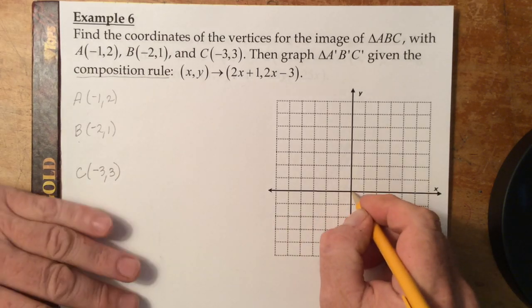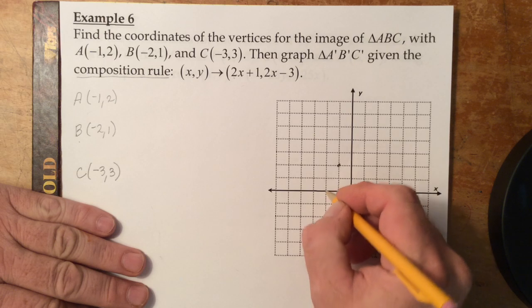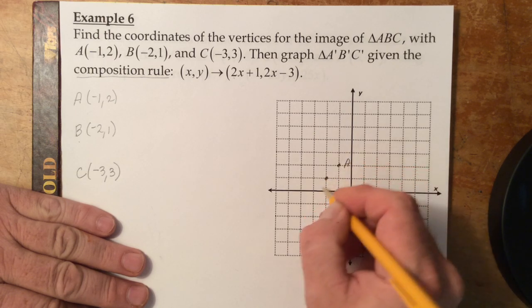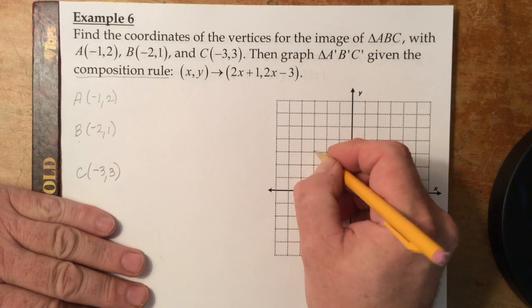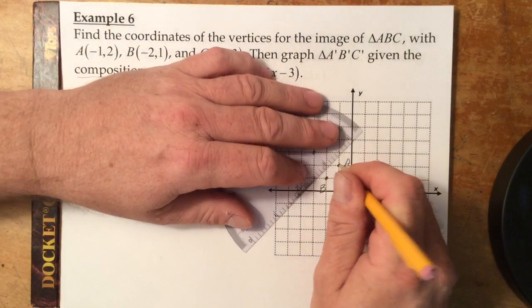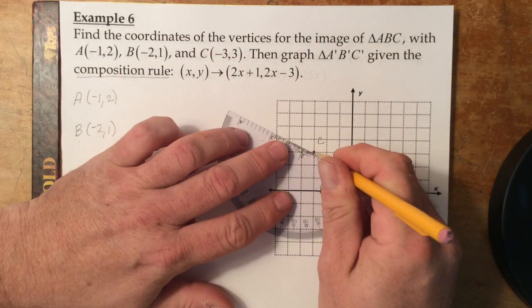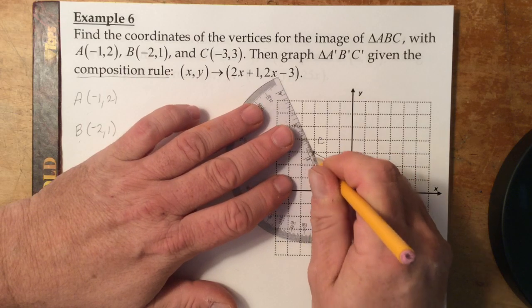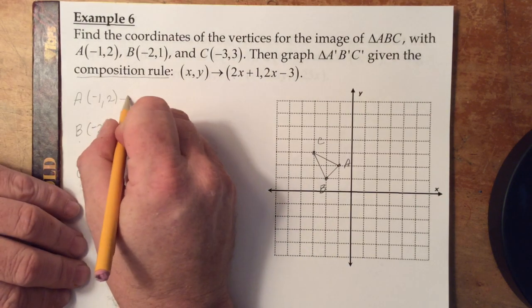Graphing those points, we have A at -1, 2, B at -2, 1, and C at -3, 3. So we have what looks to me like an isosceles triangle going here. Connect the vertices. And that's our pre-image.